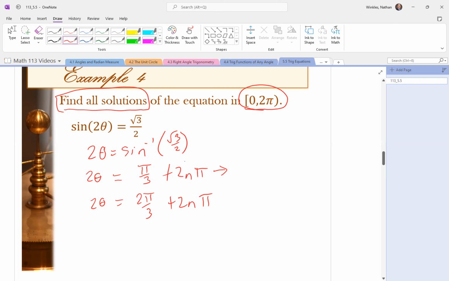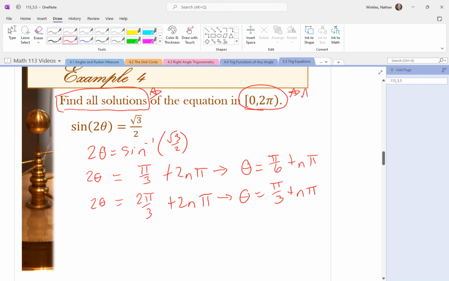Sorry about that. So that means that theta equals pi over 6 plus n pi, and theta equals pi over 3 plus n pi. Now, that was just to find the all solutions piece.